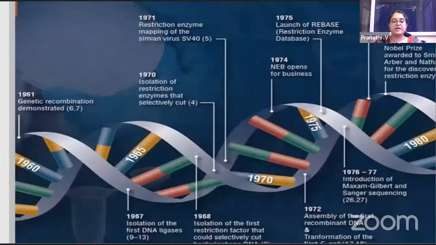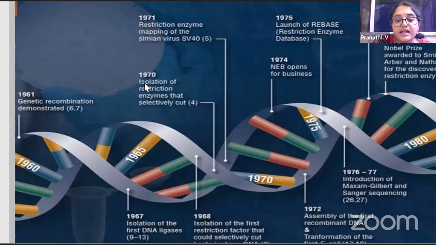In the 1960s you had genetic recombination. In the 70s you had restriction enzymes and enzyme mapping of SV40 virus. In 1968 DNA ligase was first isolated, and in 1974 you had Swiss like sense, and by 1978 you had the discovery of the restriction endonucleases.